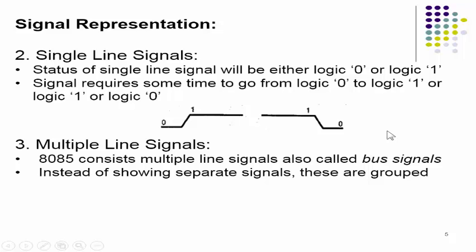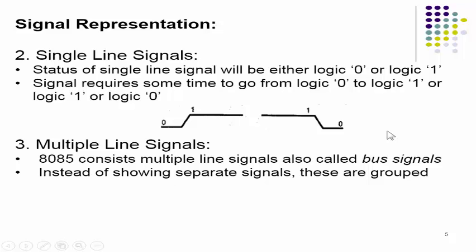Then multiple line signals. As we know, the 8085 microprocessor consists of multiple line signals. If we combine all these signals, the group of signals is known as the bus signals. Instead of showing the separate signals, we know very well: control signals, data signals, address signals.